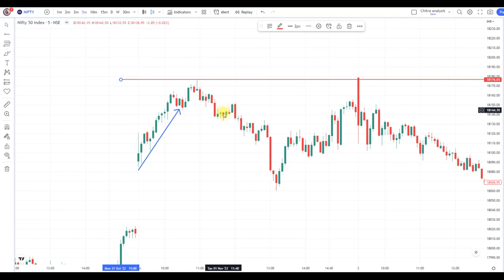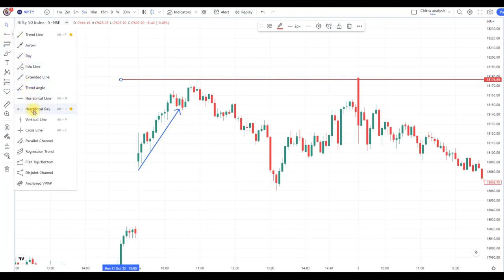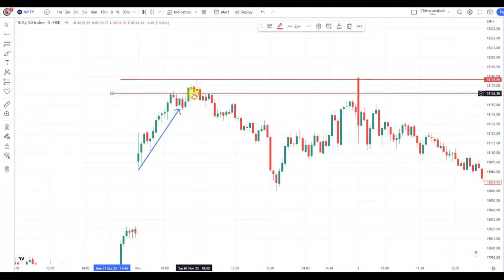So one can enter into the short trade if this low is broken. Here we can see the price in consolidation. We got a doji here, after that one red candle, which is a bearish signal. After that we got the gravestone doji. One can enter into the short trade if this low is broken. You see the price falling after that.